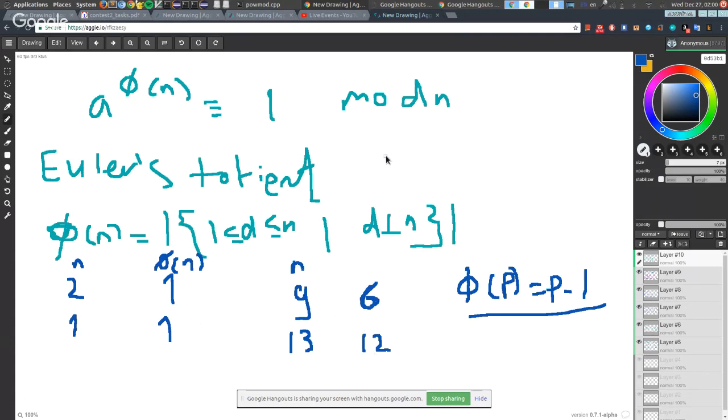So basically, to get the inverse, here we have a to the power of phi of n minus 1.